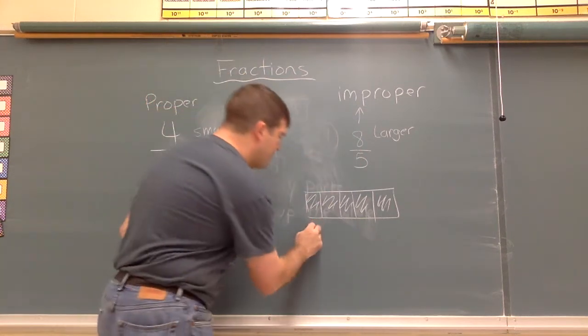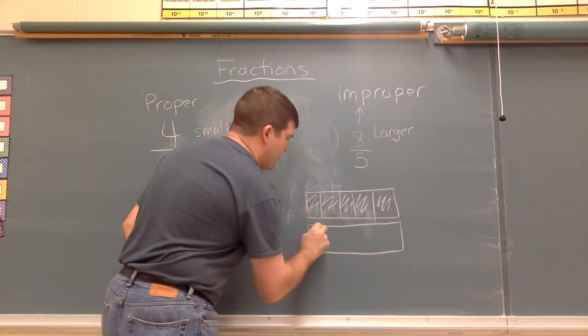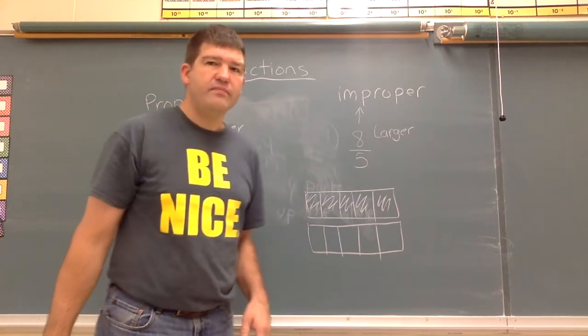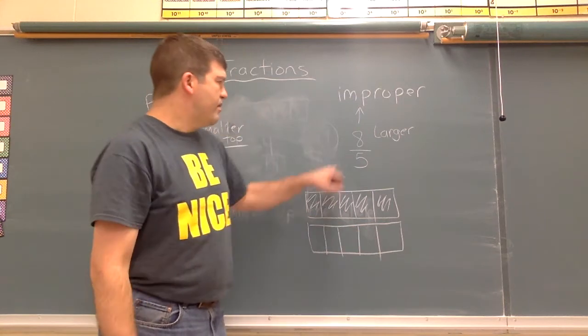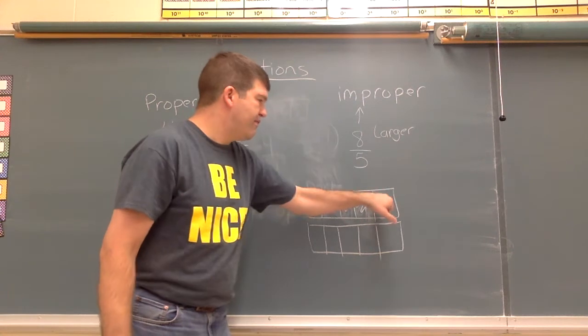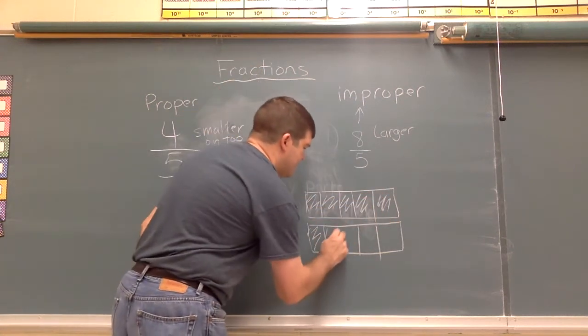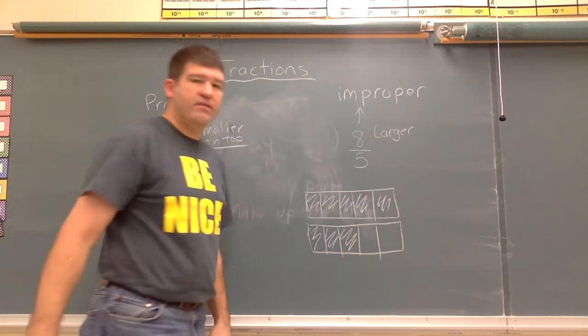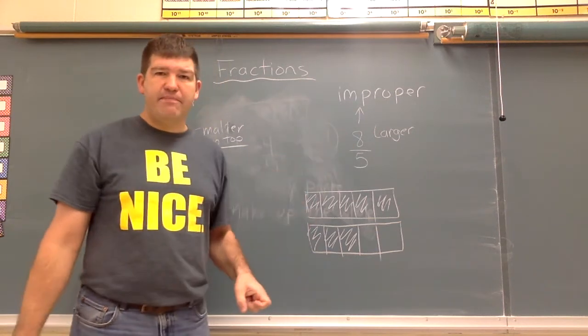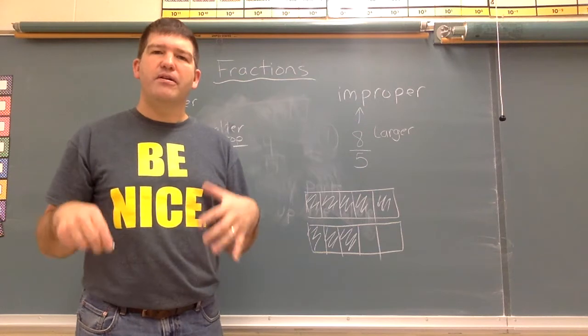So let me put down another whole candy bar. 5 more parts. So I've eaten, here's 8. I need to put 8. 1, 2, 3, 4, 5, 6, 7, 8. Okay, so now I've shown how many parts, 8, again if we're talking about a candy bar, how many parts I've eaten.